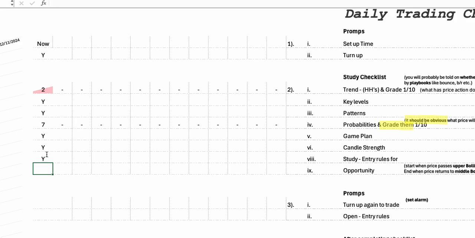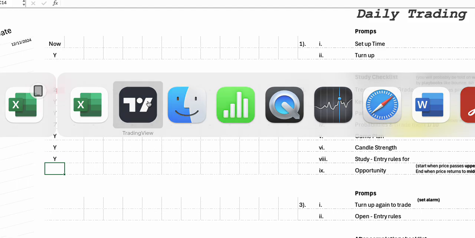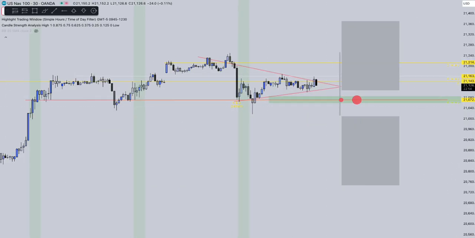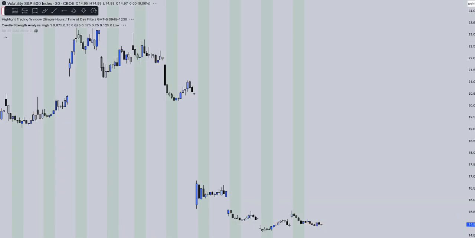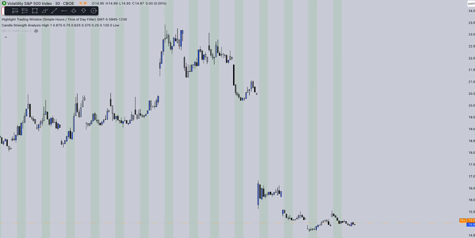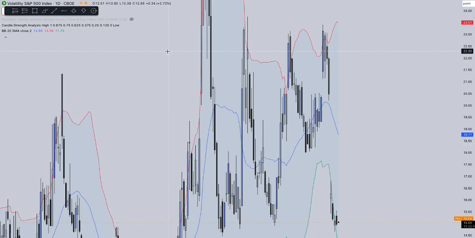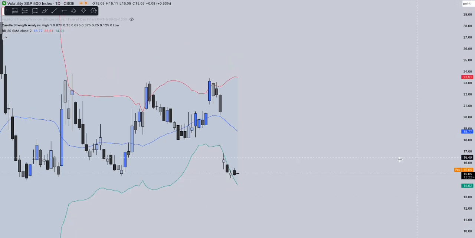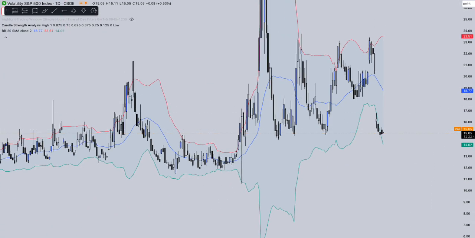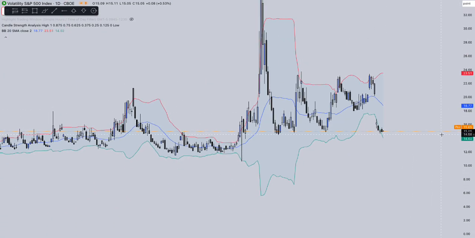Opportunity. Maybe I'll check out the Bollinger Bands here. Obviously it's not moving at the moment. Not daily Bollinger Bands, and we are at the lower bands. That's interesting. I haven't checked that.